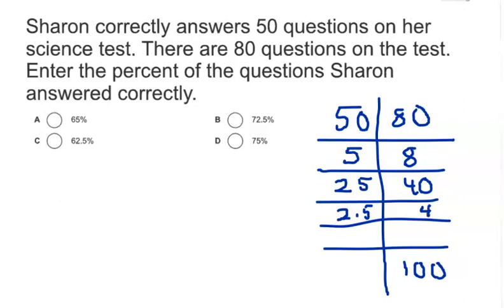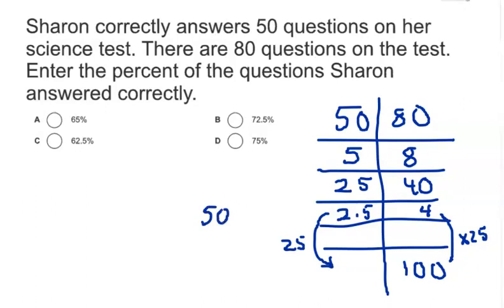Okay, at this point, I can get there, right? Because 4 times something will get you directly to 100. So it's 4 times 25, right? So then we're going to do 2.5 times 25. Okay, well, 2 times 25 is 50, right?